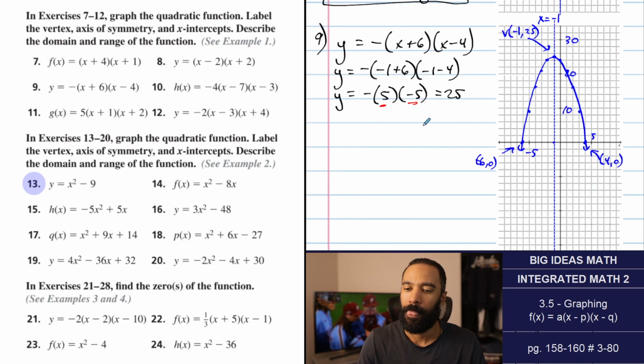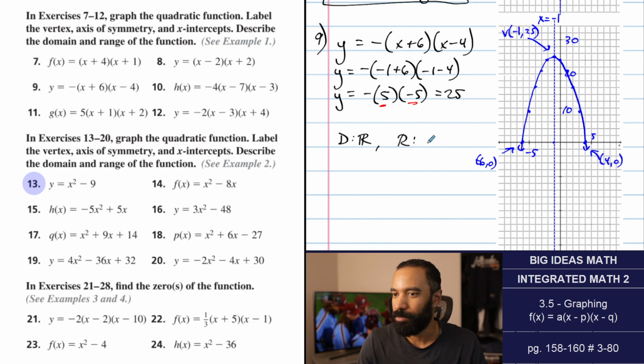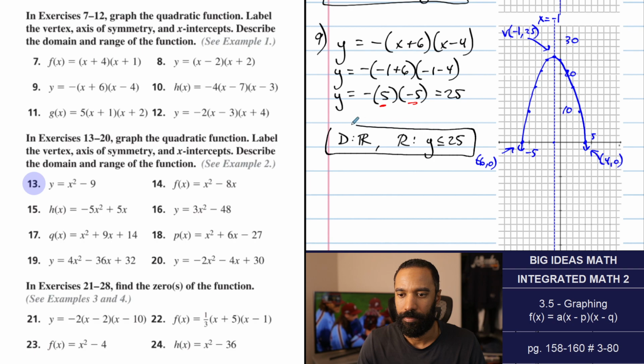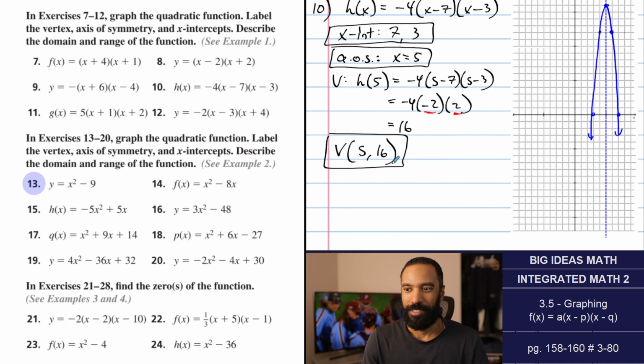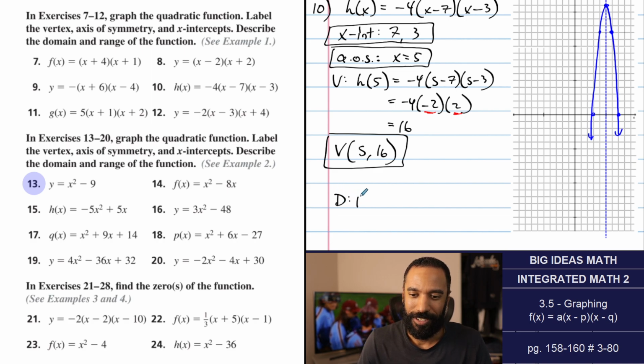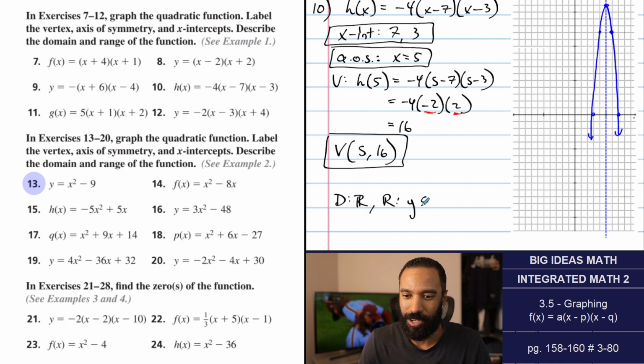Number 9. Domain, all real numbers. Range, y is less than or equal to 25. Number 10. Domain, all real numbers. Range, y is less than or equal to 16.